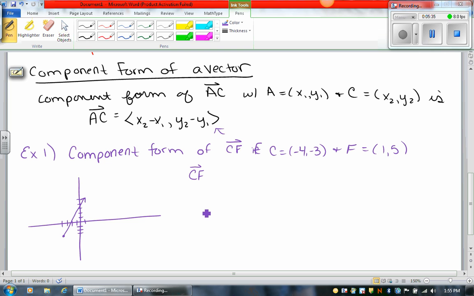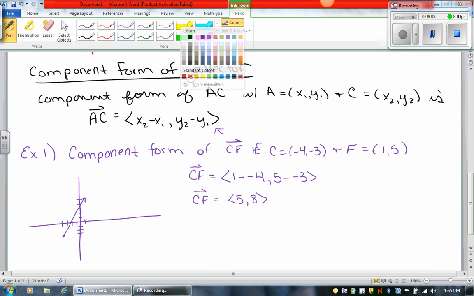So CF, we've got 1, there's your x2, minus x1, and y2 minus y1. So the vector CF becomes 5, 8. Okay, so how you would draw that vector, remember we go from the origin.